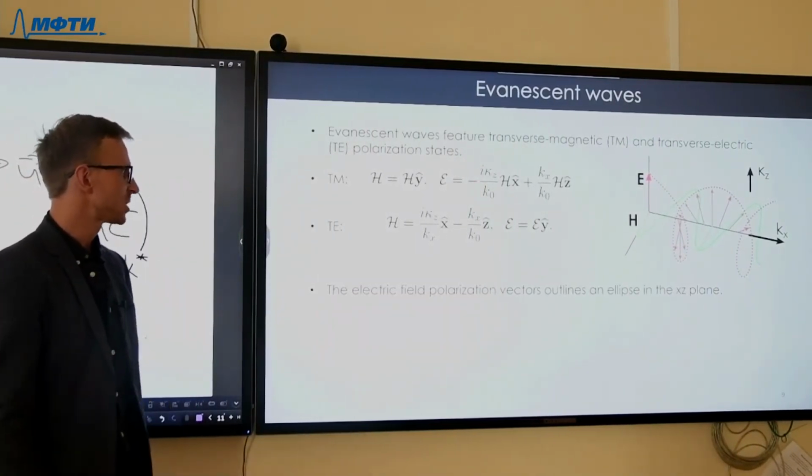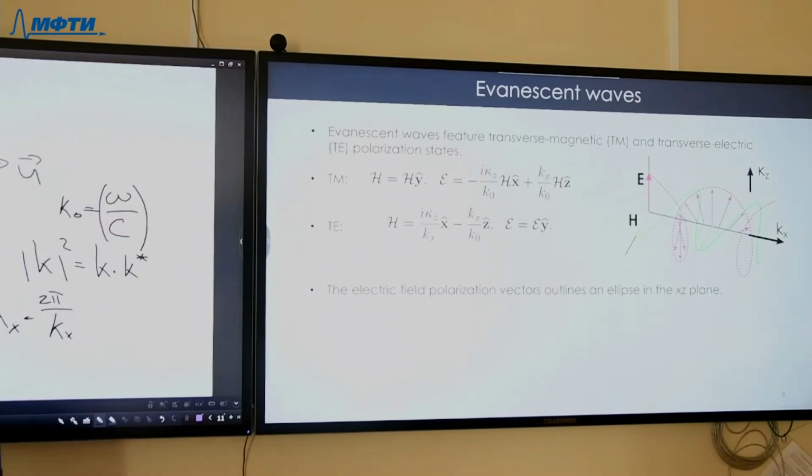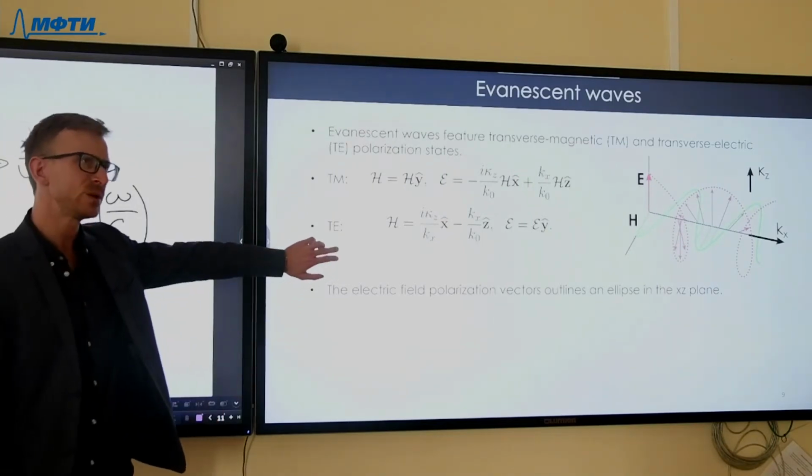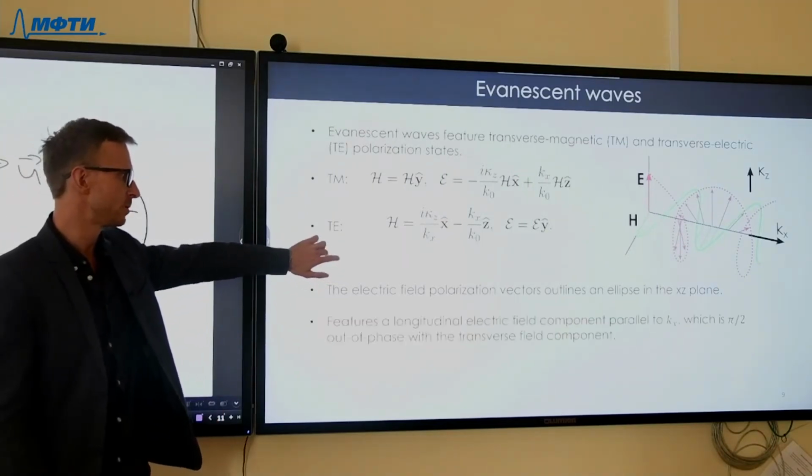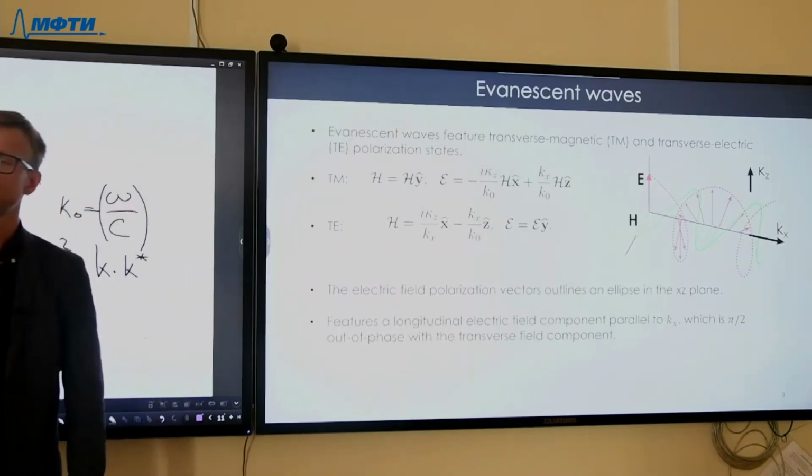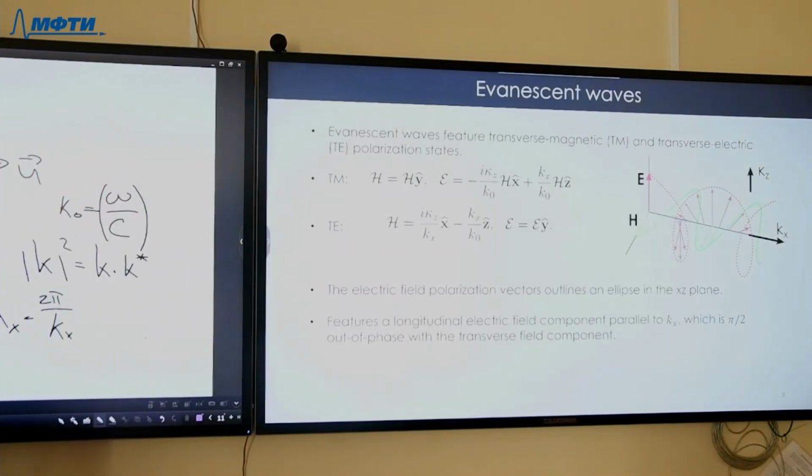Right, so the electric field polarization of a TM evanescent wave outlines an ellipse, whereas magnetic field is strictly perpendicular. But even with this tricky, unusual polarization, in some sense, the electric and magnetic fields are still orthogonal to the wave vector. They are orthogonal in the generalized sense.